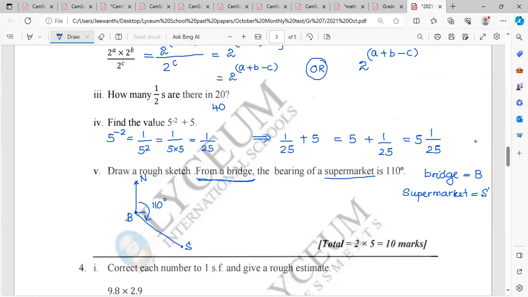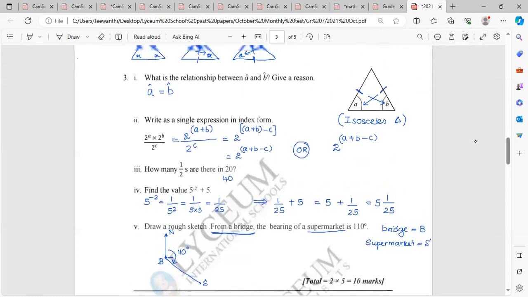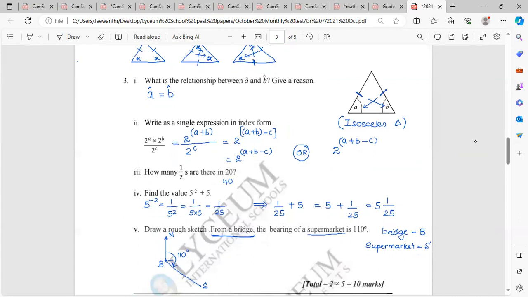This is how you mark the north direction, the bridge, the supermarket, the angle value and the arrow, showing that it is moving in the clockwise direction. So that is question number 3. So then you can go through this and see whether you have got the answers like this.